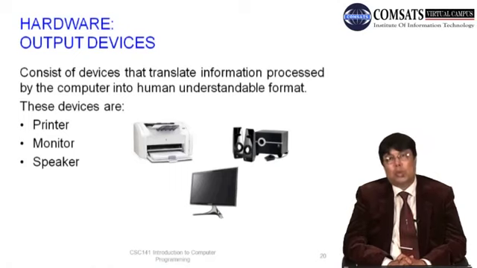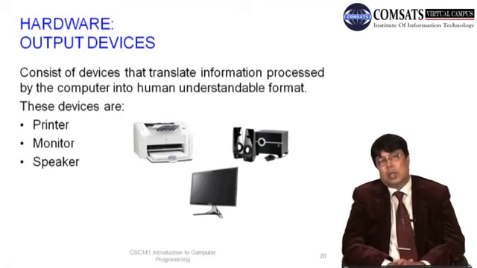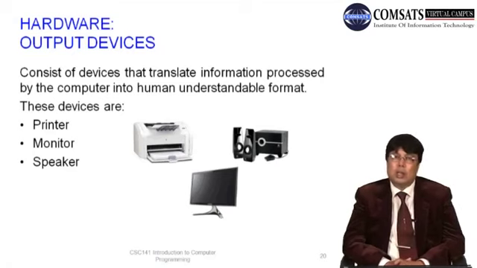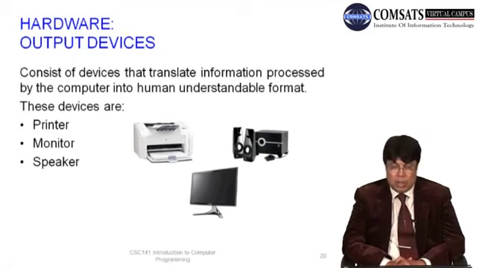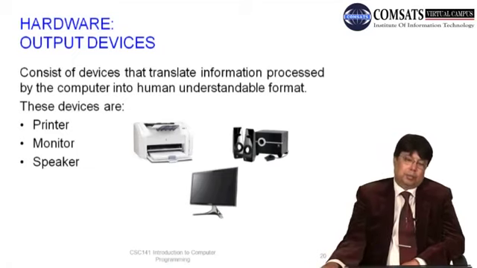Then output could be in the form of voice, because the computer has that capability integrated into the system. So output could be in the form of instructions or audio signals, which you can play with the help of speakers. Video signals are also possible, but they are usually displayed on the video screens.